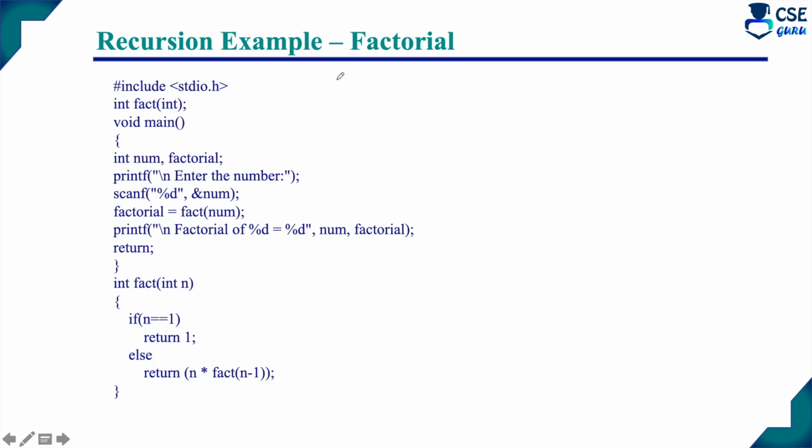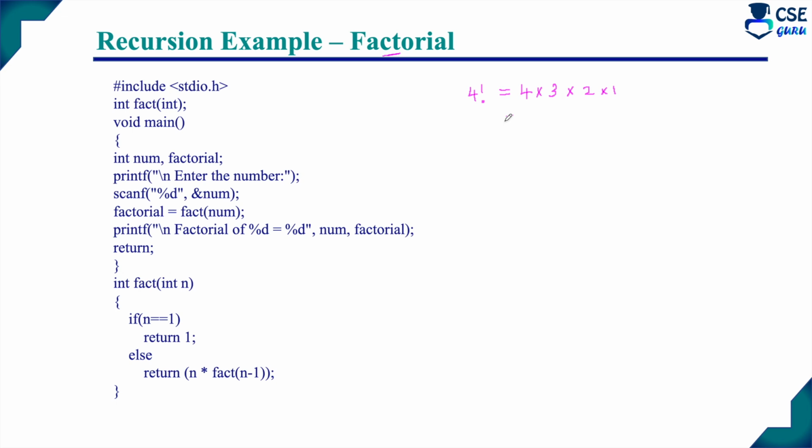Here, if you are considering an example, solving the factorial problem is the best example to implement recursion. So what do you mean by factorial? If it is 4 factorial, how will we find the solution? This 4 factorial is 4 into n-1, that is 3, into n-1, 3 minus 1, 2, into 2 minus 1, 1.